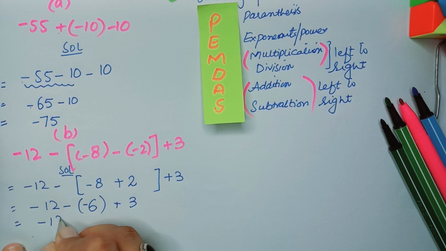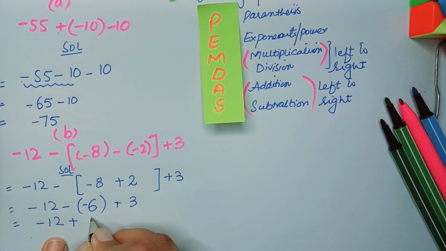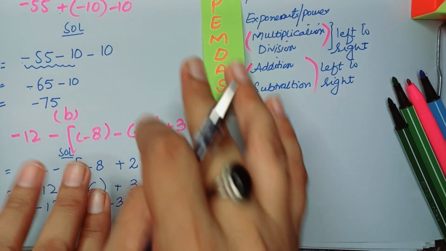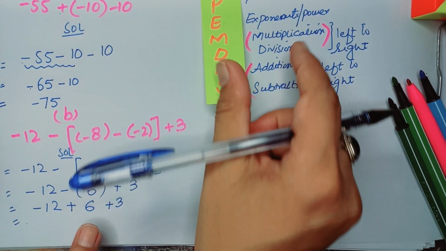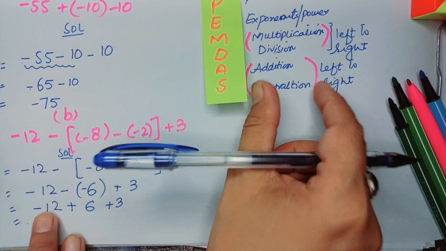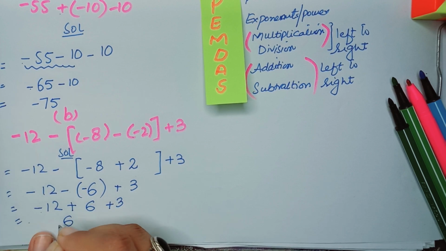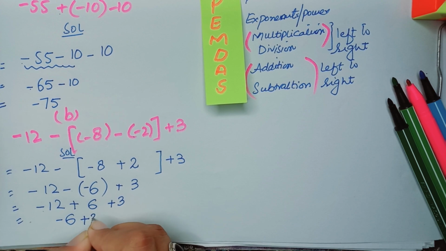Now minus minus would be plus 6 plus 3. Now we have solved the parentheses and we have addition subtraction. So when you have addition subtraction, you have to follow left to right. So minus plus would be minus, and when you are subtracting you will get 6 and the sign is of the bigger term, and then this plus 3.